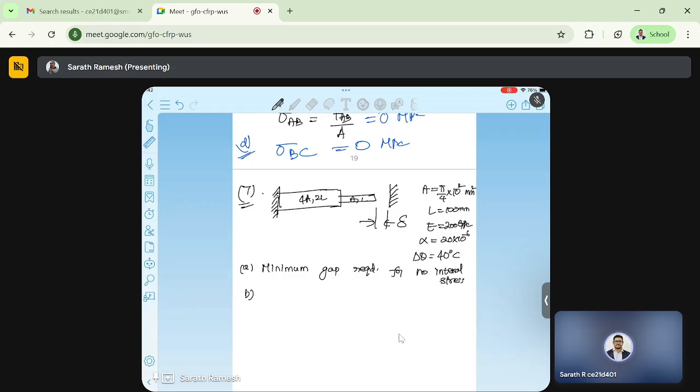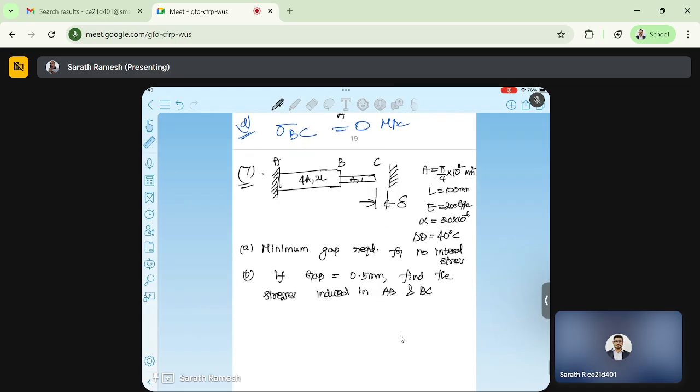And option B, suppose the gap equals 0.5 mm, find the stresses induced in AB as well as BC. Okay, this is the question. This is A, B, C. Let's begin the solution.